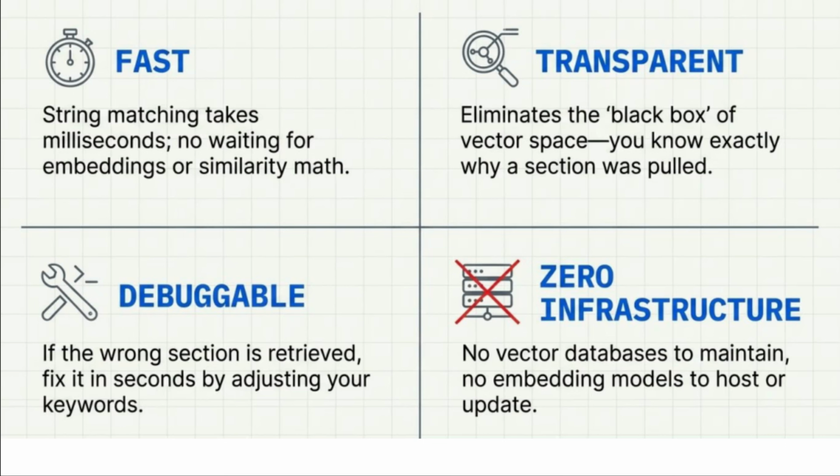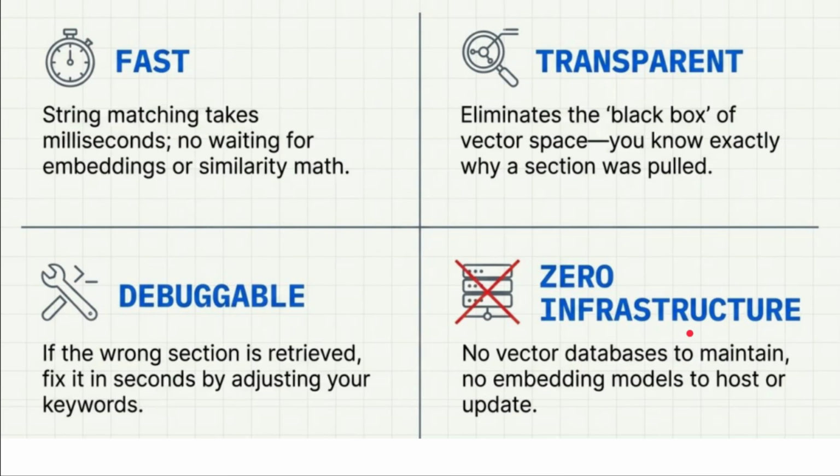No black boxes. No embedding model that thought it was similar or something like that. And third, it's easy to debug. If the wrong section gets retrieved, you can see why. Maybe the keyword was there or maybe not there. Or maybe you need a better keyword. You can fix this in seconds.